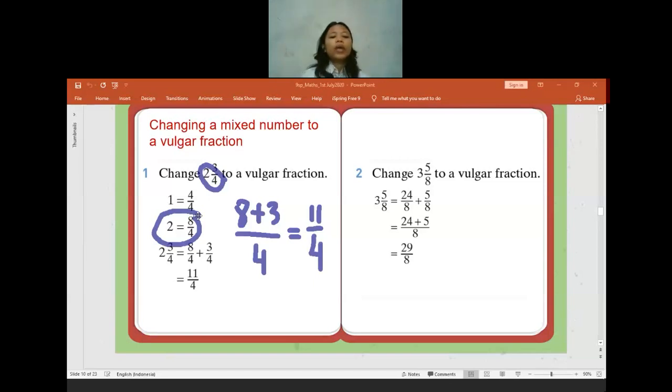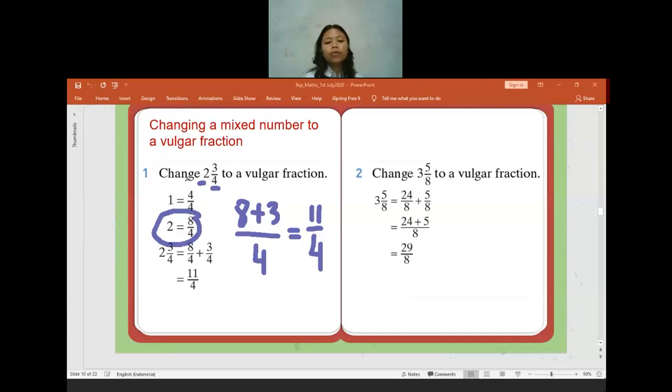There are two ways to change the mixed number into a vulgar fraction. The first thing is you have to focus on the whole number. The whole number is number 2. And then after that, look at the fraction. The fraction is by 4. Before I move to number 2, maybe it will be easier if you know 1. 1, I can make into 4 by 4.